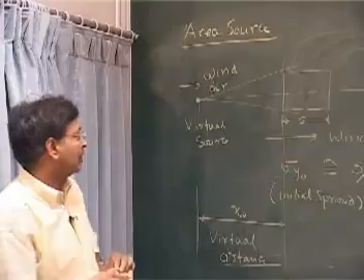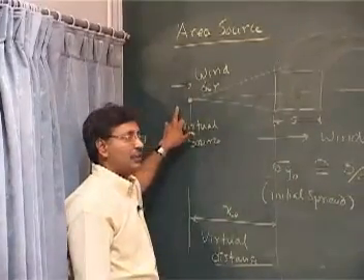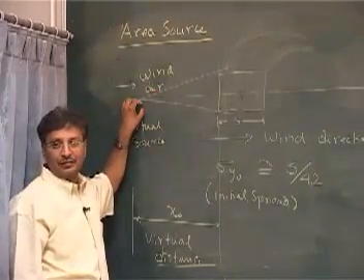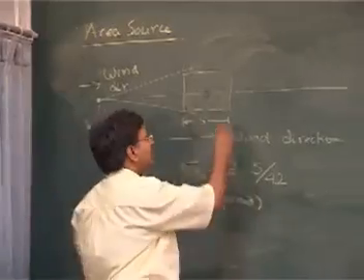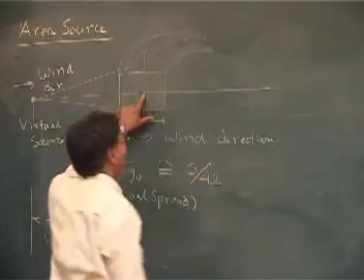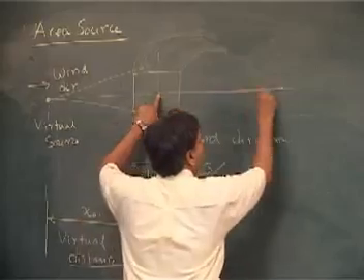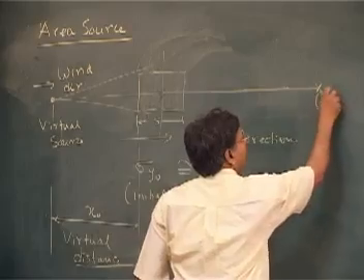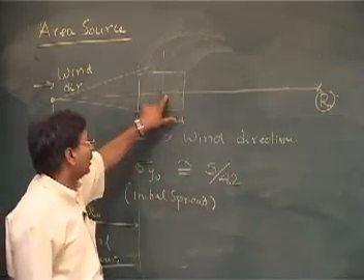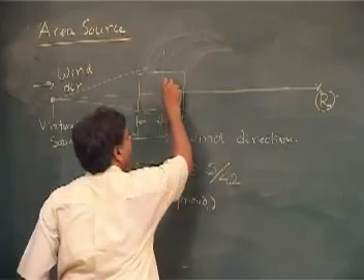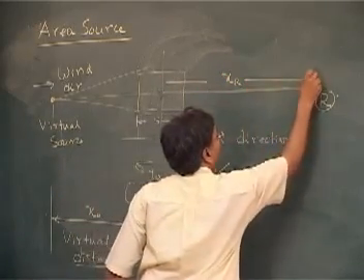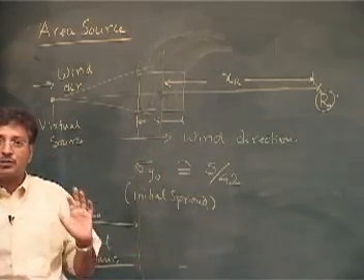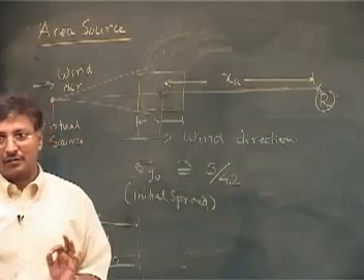No problem there. If you find the x0, it means you have physically relocated the source from here to here. Then whatever distance you measure from here, suppose I want to predict the concentration at the receptor R. The actual distance for R is, let us say, xr, but for all my model calculations I will take the distance equal to x0 plus xr.